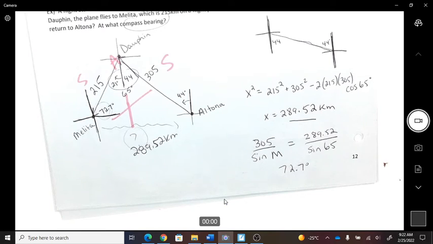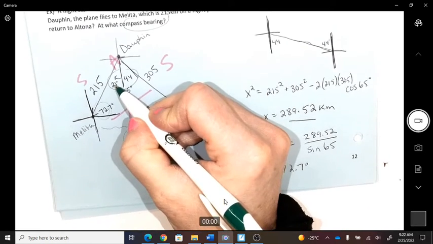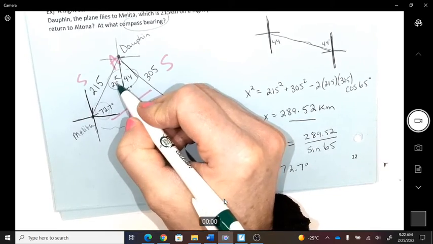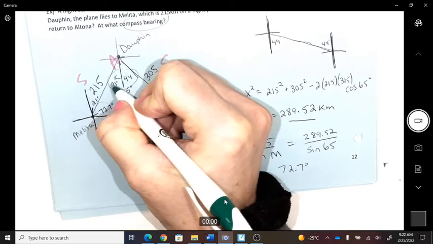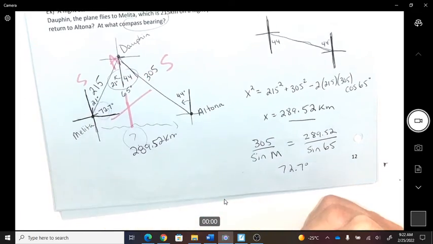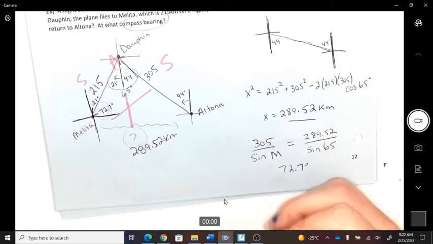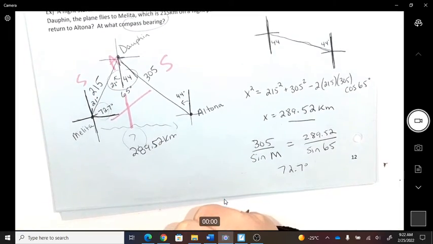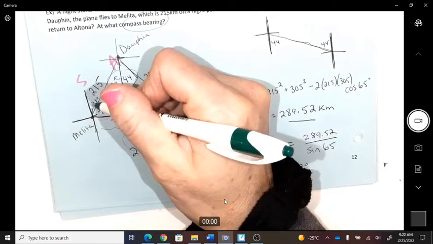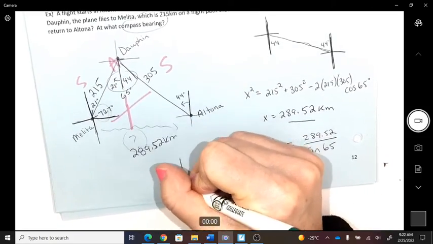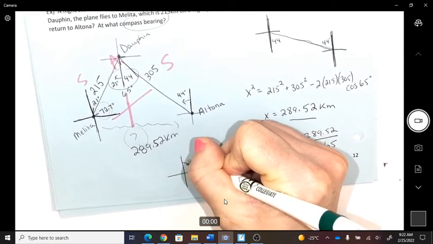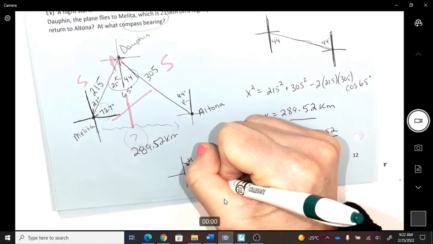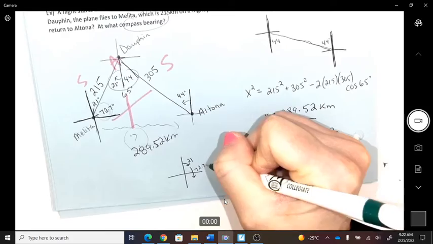Okay, so now here's what I'm going to do. This 21 degrees, I need it. This 21 can alternate interior to that. I can flip-flop the 21. I can alternate it over the line because of the parallel line rule. So can you think about 21 degrees plus 72.7 degrees?